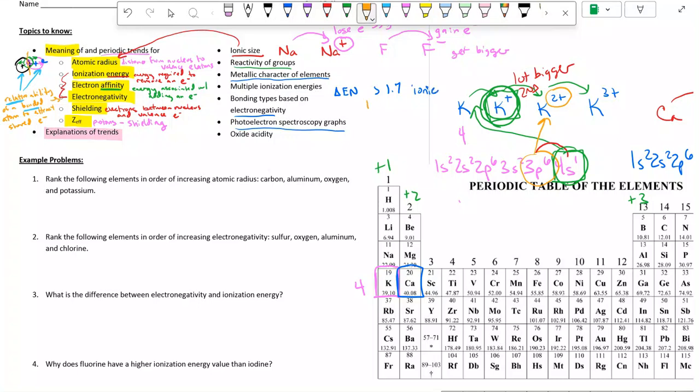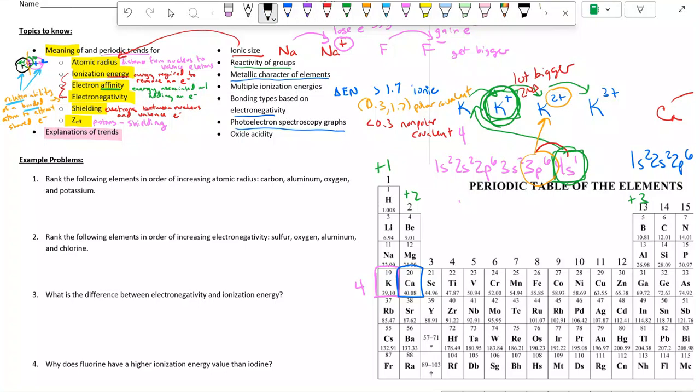If it's between 0.3 and 1.7, we call it polar covalent. And if it is less than 0.3, we call it nonpolar covalent. Okay, it's about how well they share.